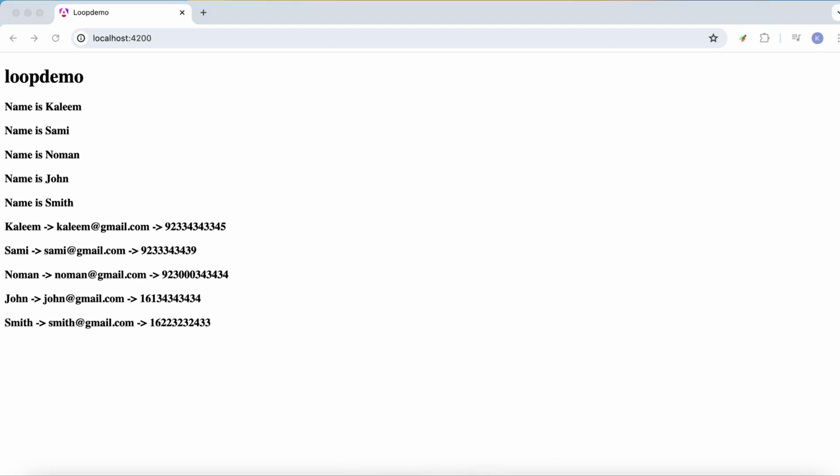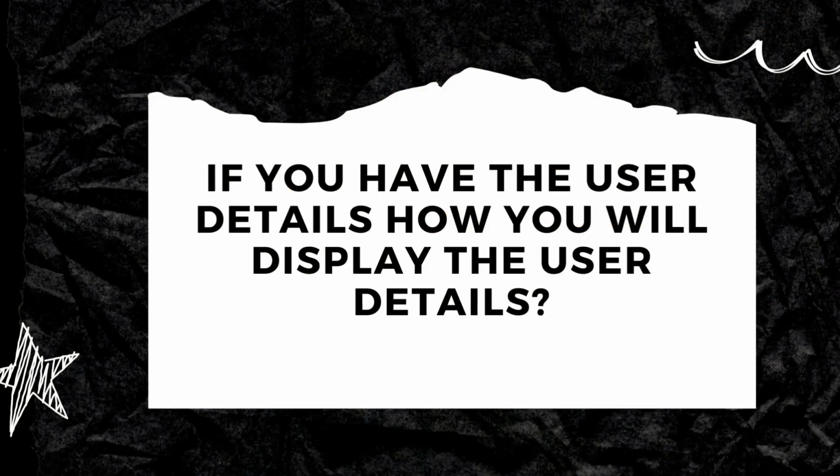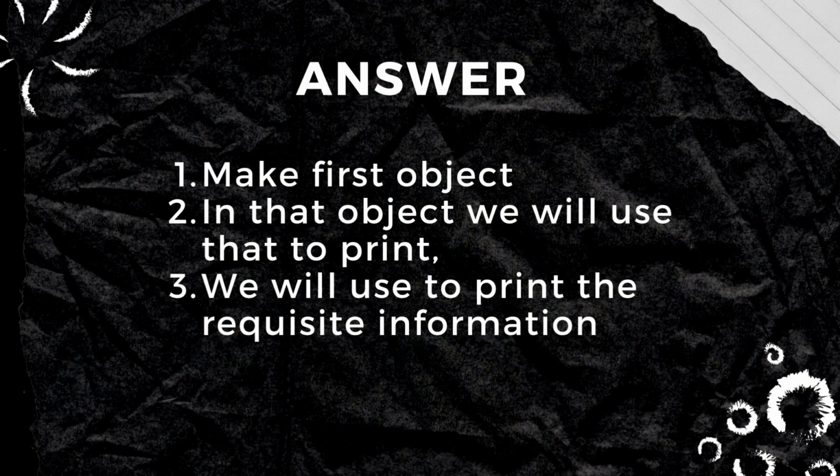So this is the thing that we just covered, that the third and fourth points are also covered. We successfully made an array of objects and also applied the loop on the object array. So the next is the interview question. What could be the interview question? For instance, if you have the user detail, how will you display the user detail? We already covered that one. We will first make an object, then in that object we will use that to print, and with that we will print the requisite information that we just did here.